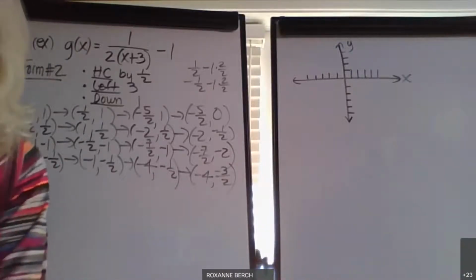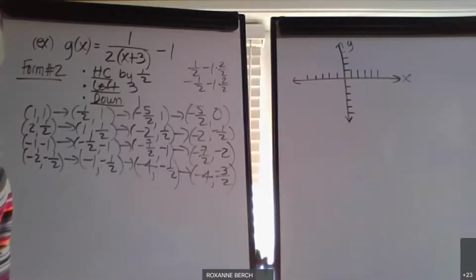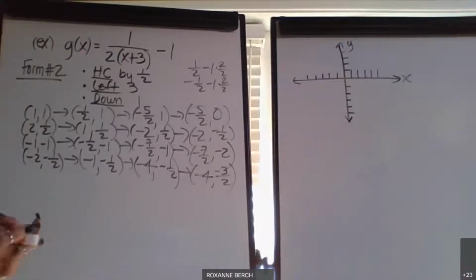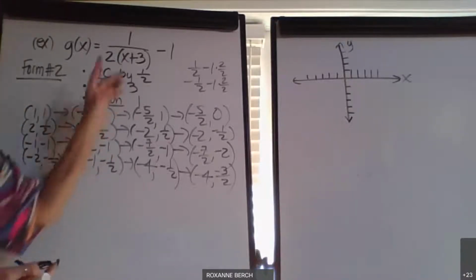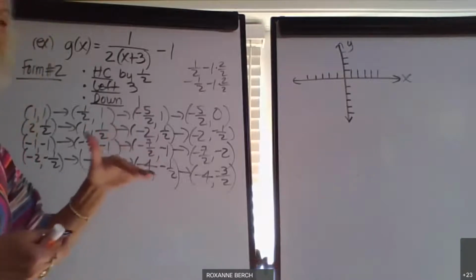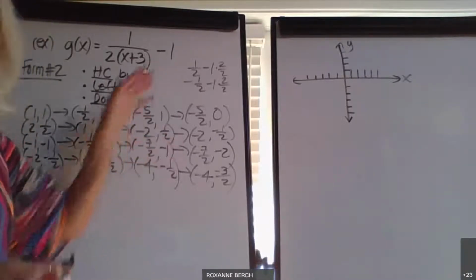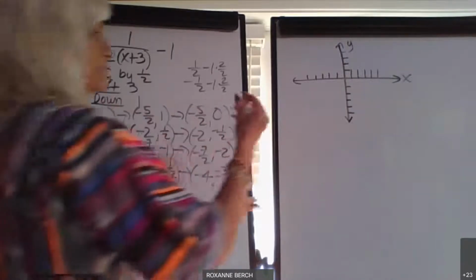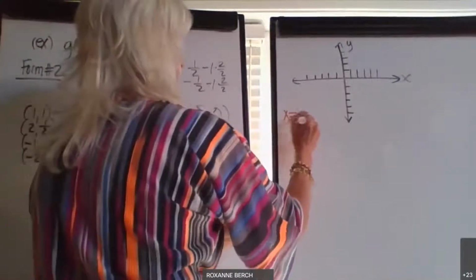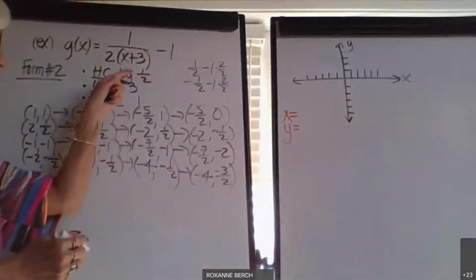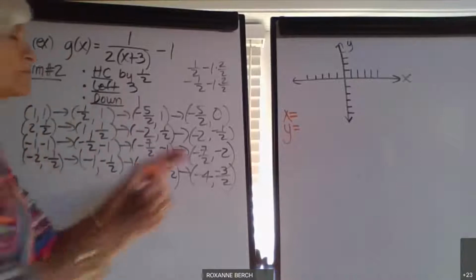Okay, now what we want to do is graph the new asymptotes. Now remember what we said yesterday. The vertical asymptote is h, and the horizontal asymptote ends up being k. So what is the new vertical asymptote? x equals what? -3.